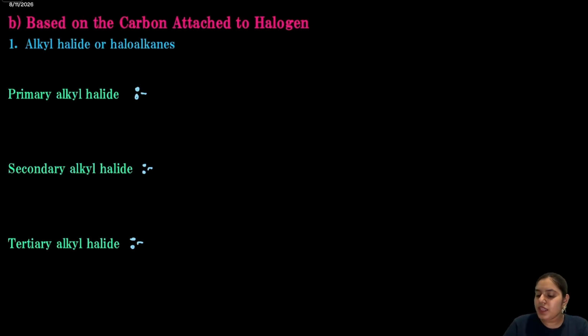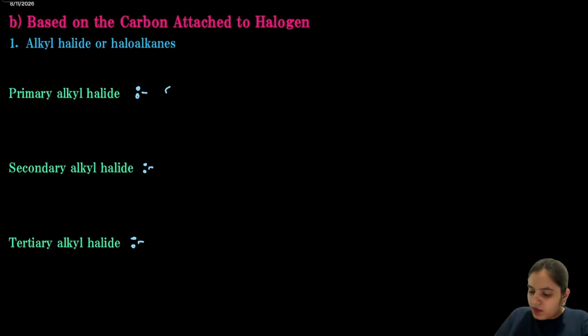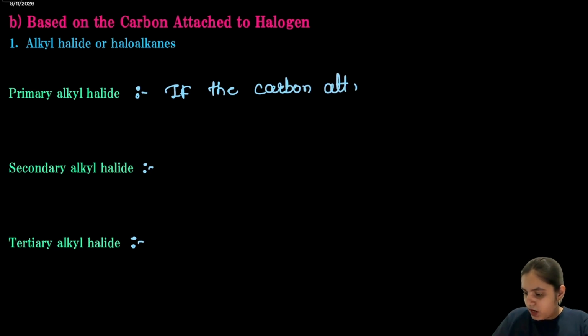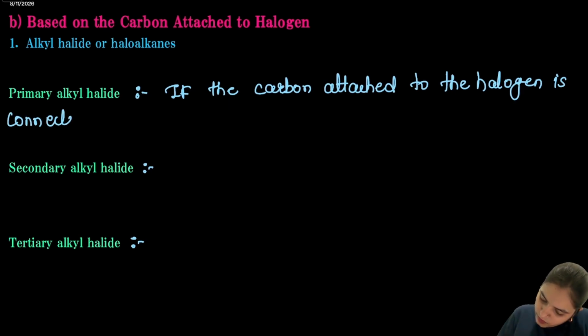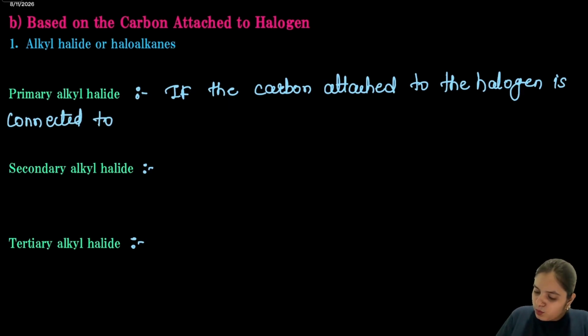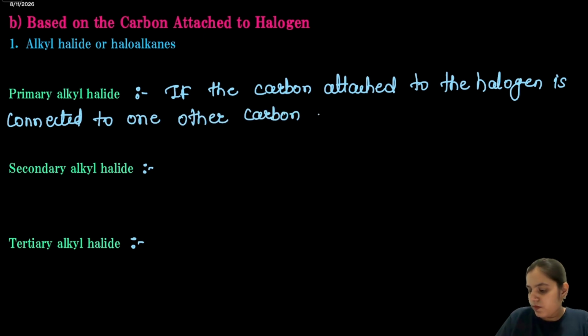Okay. So let's classify them based on the carbon atom attached to the halogen. If the carbon attached to the halogen is connected to one other carbon atom, then it is called a primary alkyl halide. So what is primary alkyl halide? If the carbon attached to the halogen atom is connected to one other carbon atom, then it is called a primary haloalkane.